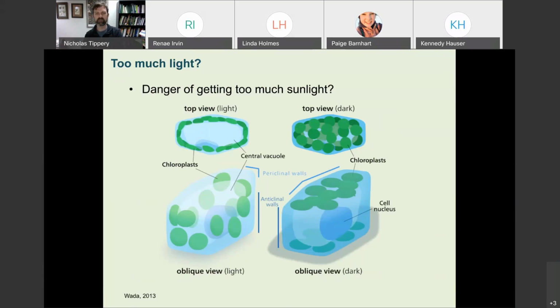So one response that plants can do is to actually move their chloroplasts out of the way when the sunlight is too bright. So they're sort of hiding, almost like hiding in the shade of their own cell walls. So hiding away from the more direct sunlight. So this is high light on the left and low light on the right.